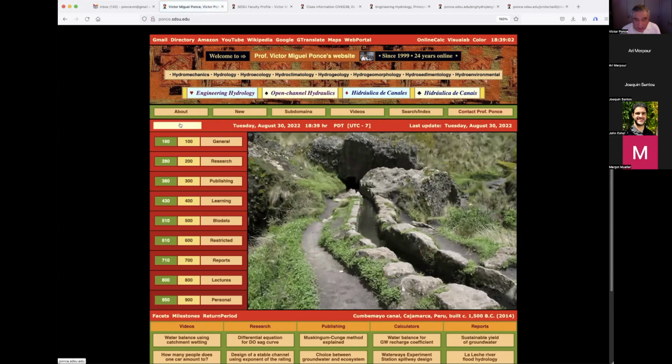And this one is a channel that was put together by the Caxa culture about 3,500 years ago. The channel is still there. I was there in 2014 and took the picture, and the channel is dated 1,500 years before Christ. Each one of these pictures, you're welcome to browse through if you have time, maybe during the week.